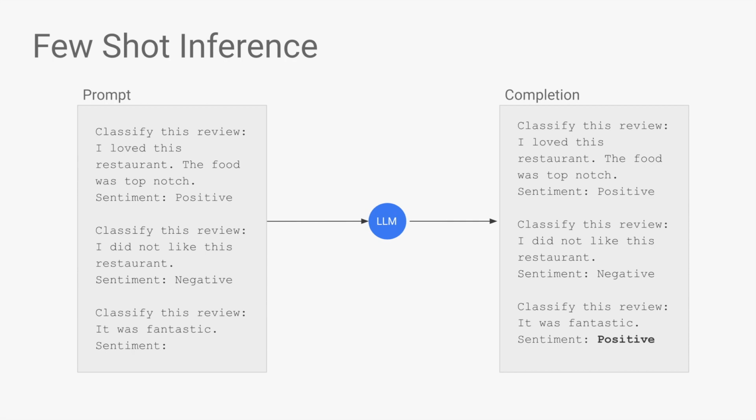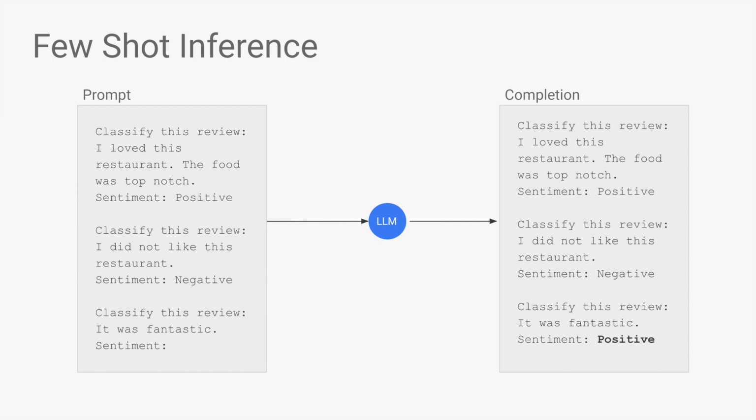Occasionally, a single example may not suffice for the model to grasp the intended task. Therefore, the concept extends to few-shot inference where multiple examples are included. In this case, a much smaller model, initially unsuccessful in sentiment analysis with one-shot inference, attempts a few-shot inference by incorporating a second example, a negative review.